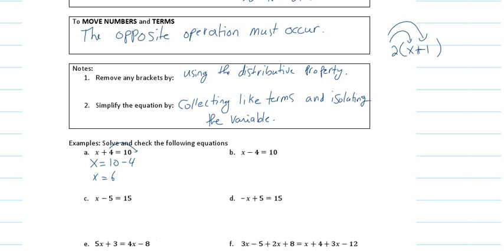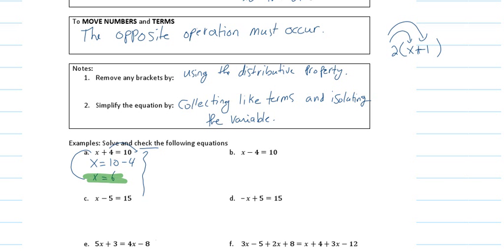Now, it's asking us to check the following equation. So to check, you plug in the answer that you just got. You plug it in for x. So instead of x, you're going to plug in 6.